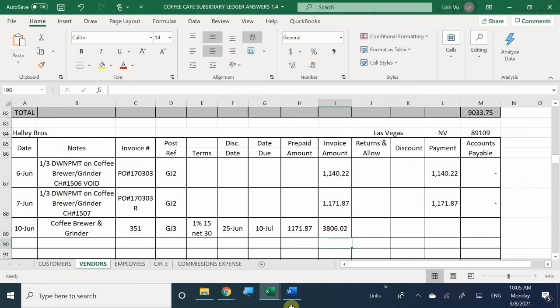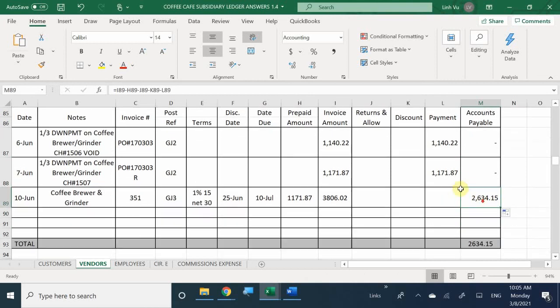And we didn't make any payments to it, so therefore my formula, if I pull it down, should reflect my total bill amount, which is the $2,634.15. Okay, so here is a perfect look at this example. And now I owe Haley Bros $2,634.15. Right?